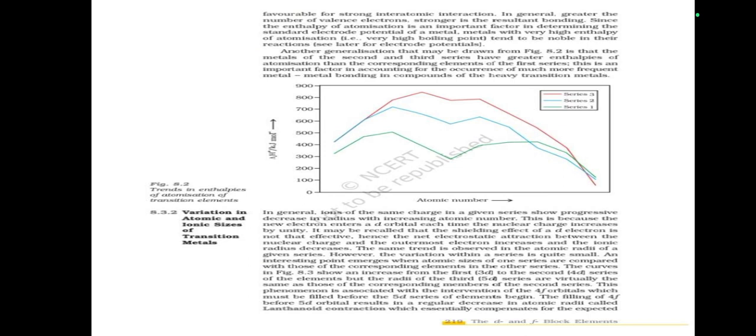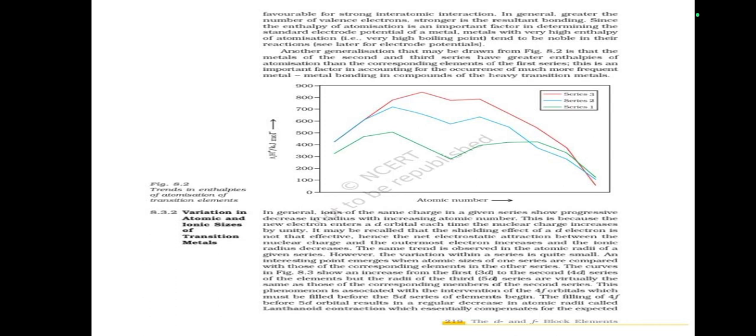Since the enthalpy of atomization is an important factor in determining the standard electrode potential of a metal, metals with very high enthalpy of atomization, that is very high boiling point, tend to be noble in their reactions. See later for electrode potentials.